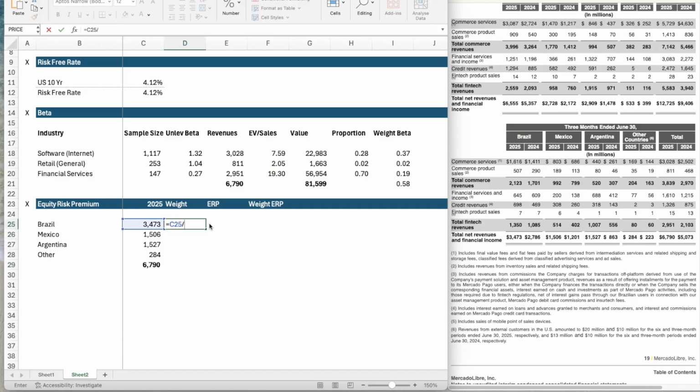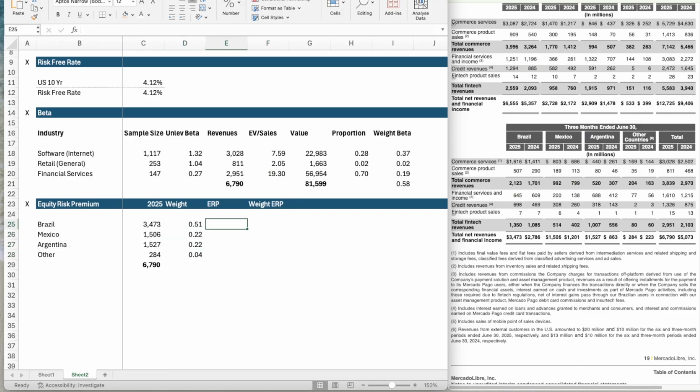Now the weight of those. Let me just lock in the total because that way we know. Just copy it all the way down.